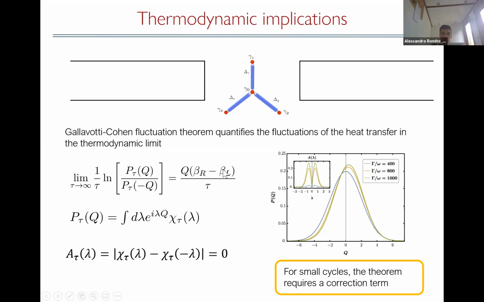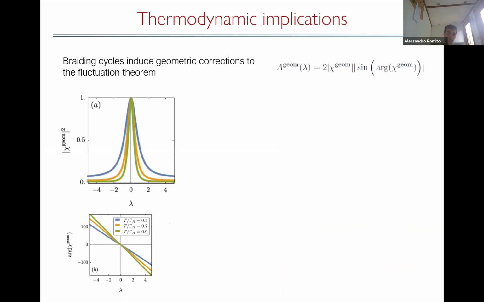We are holding the temperature to be the same, so we expected 0 here. The asymmetry of these curves shows that this theorem cannot be 0. So there's some correction term. And here you plot explicitly this correction term in terms of the counting field statistics. But again, as I said, this is a general result of geometric terms due to adiabatic driving.